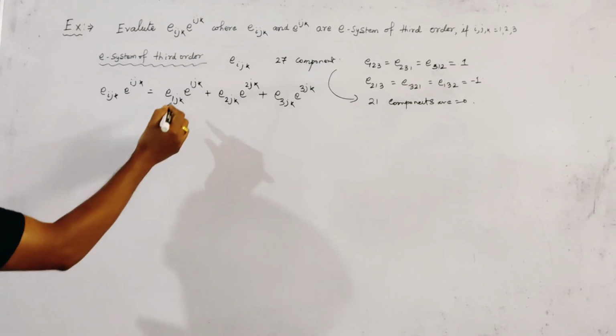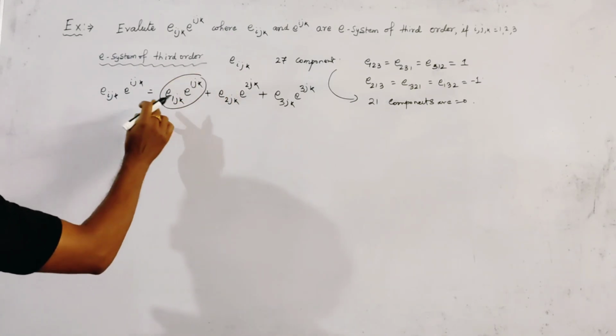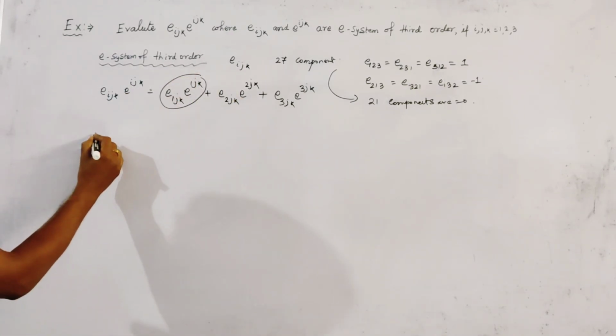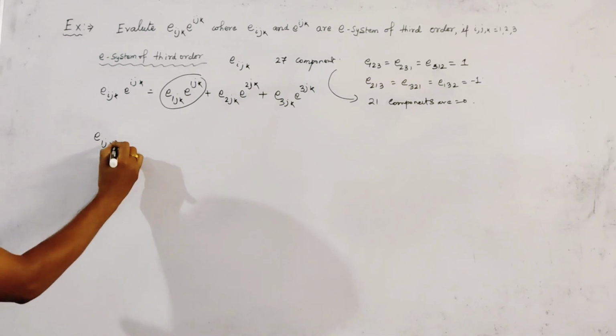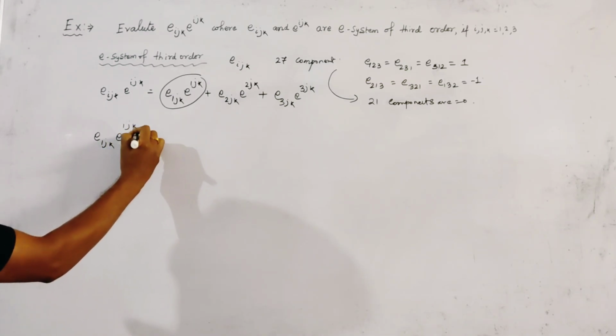Now consider the first term of this sum. This is given by E_1jk into E^1jk.